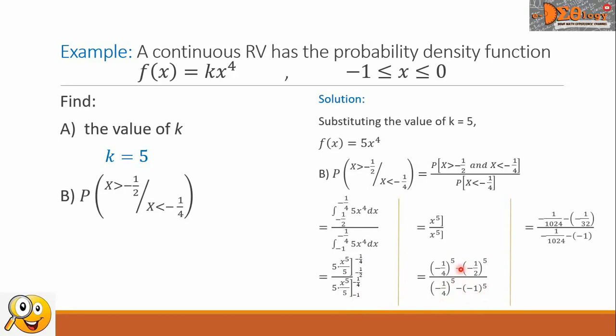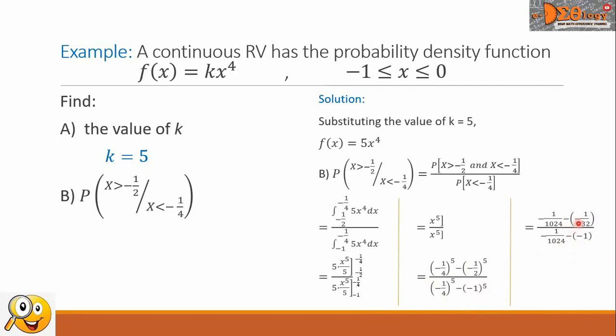Simplifying further, we have negative 1 over 1024 minus this negative 1/2 raised to 5 is negative 1 over 32. In the denominator, we have this value equals negative 1 over 1024 minus the negative 1 raised to 5 is also negative 1.